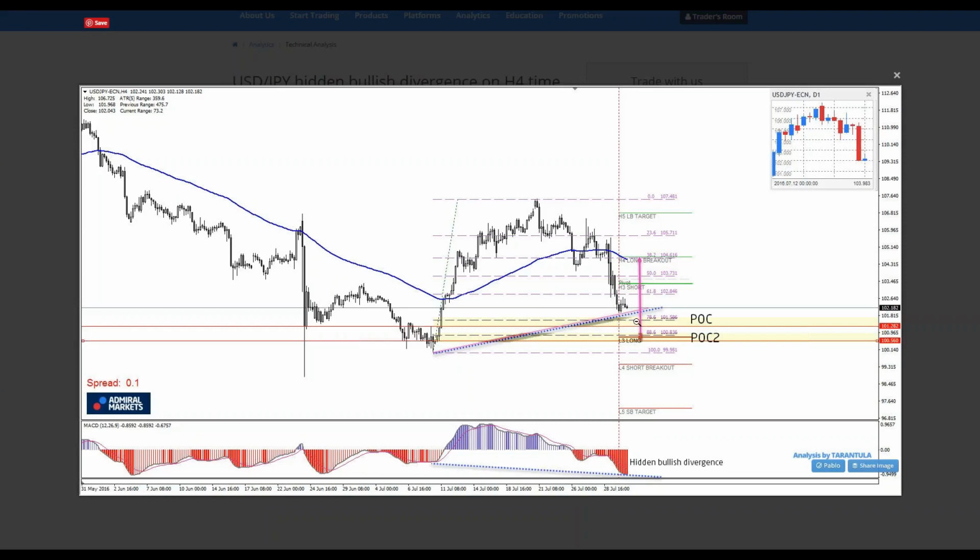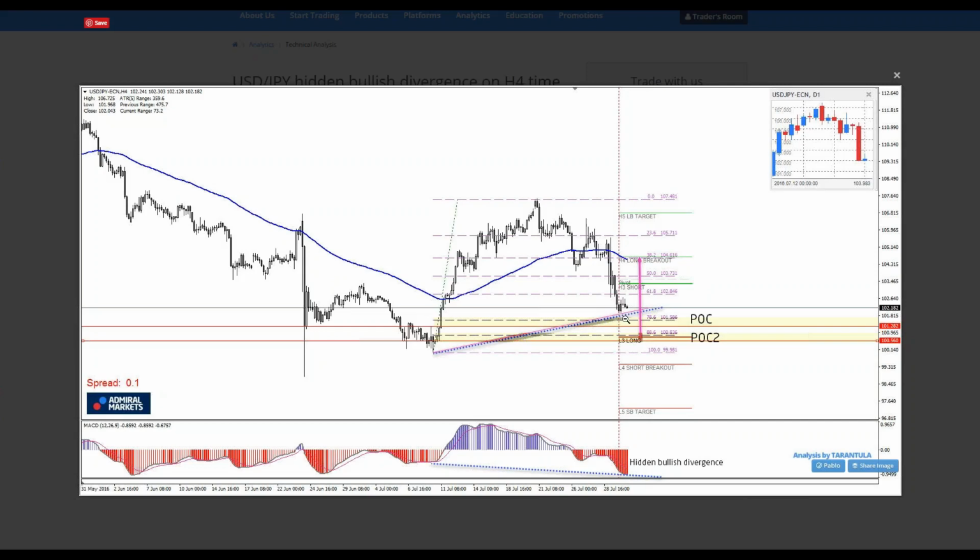Okay, so this is a divergence. You can see it here, divergence. Okay, and this is hidden bullish divergence. Hidden bullish divergence is hinting for a chart to continue going up. And here you can see that the price has made a low and a high, and this is actually a higher low.